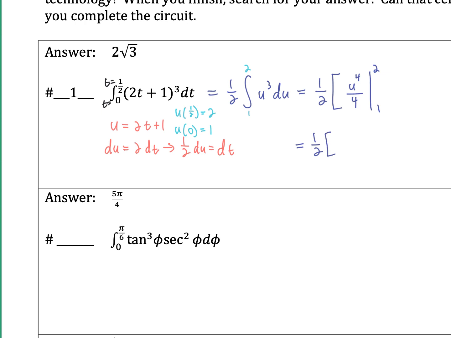To evaluate this definite integral, we'll plug in the top, plug in the bottom for any u's, and then subtract. So plug in the top, you get 2 to the 4th over 4, minus, plug in the bottom, you get 1 to the 4th over 4.